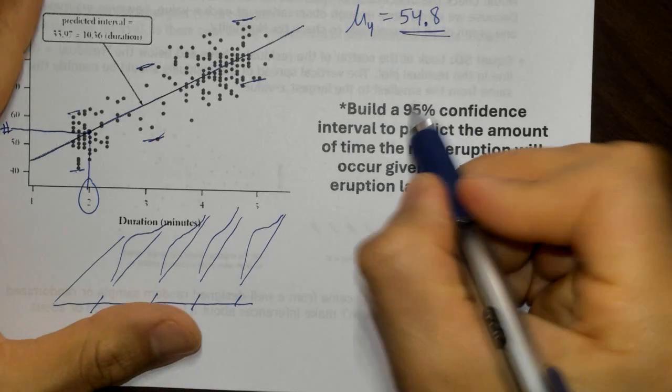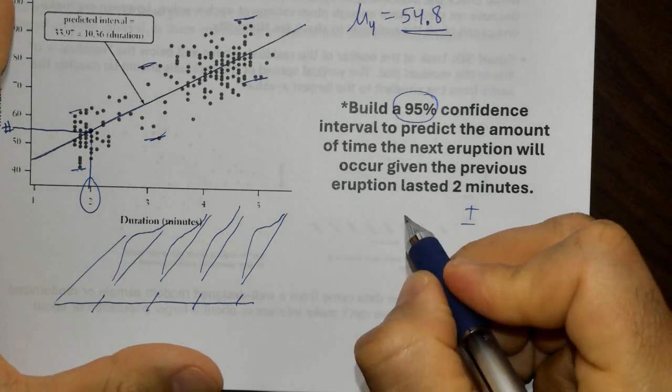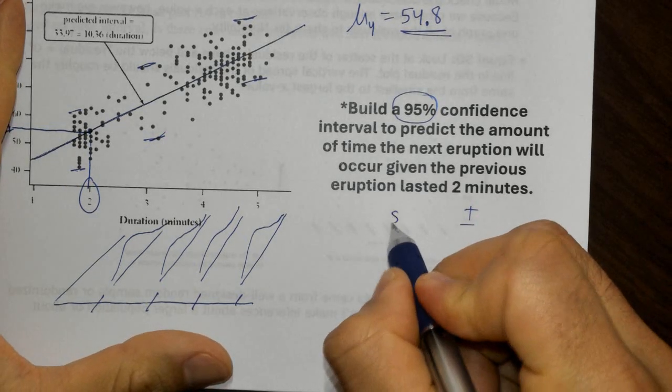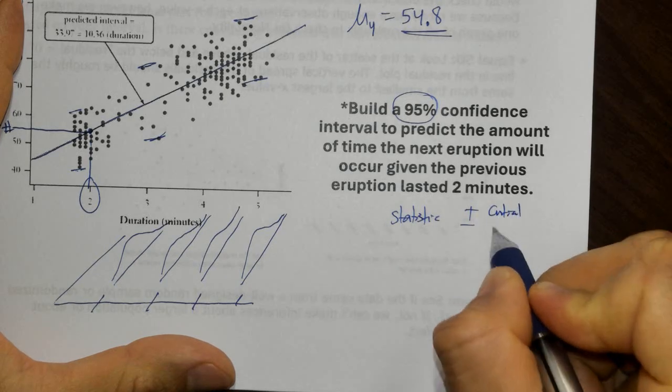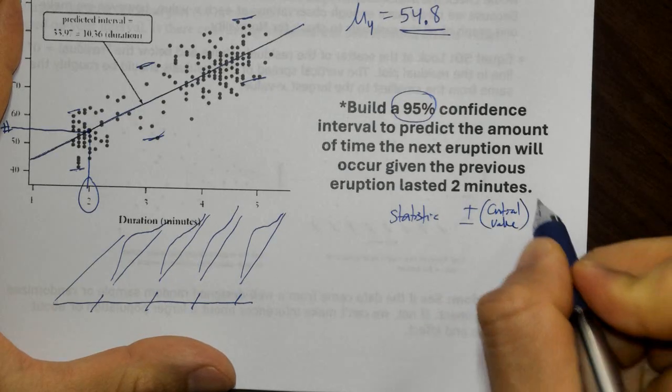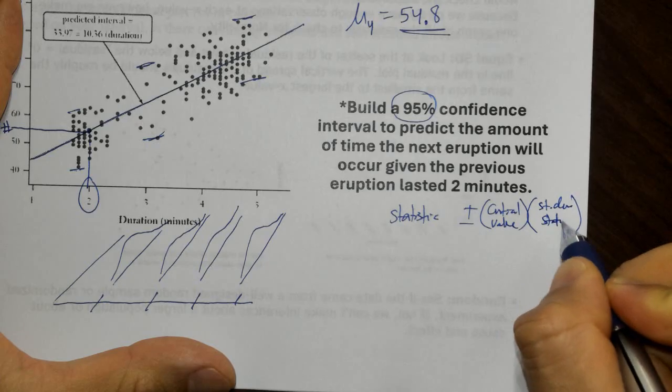Using the empirical rule, 95% confidence, what does that look like, right? As a quick recap, how many standard deviations is it from the mean? 2, right? Now, 1.96, I believe, is the exact value, but if we're using the empirical rule, the general formula for a confidence interval is you use the statistic, you use the critical value, right, times the standard deviation of the statistic.